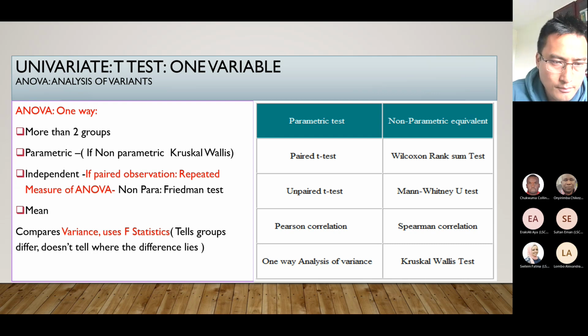Mann-Whitney. Yeah, perfect. If you are dealing with a univariate test which studies correlations, which test would you use? Spearman. Okay, so yeah.